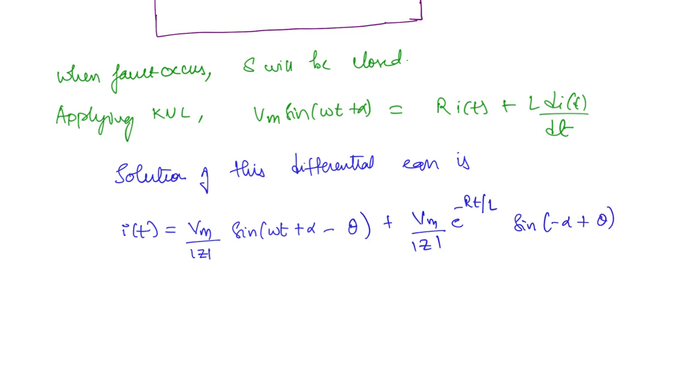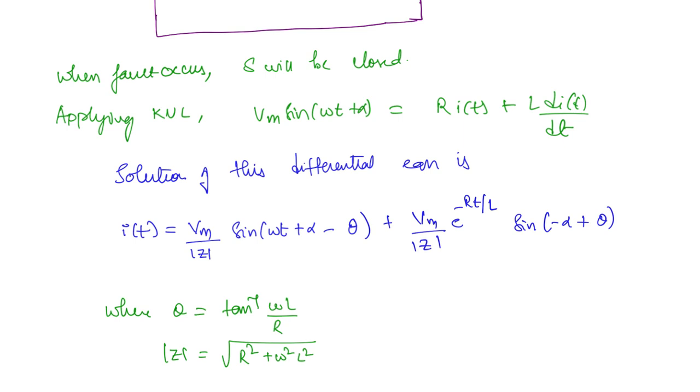Here theta is equal to tan inverse of omega L by R. And what is Z? This is the impedance, so it is equal to root over R square plus omega square L square, the magnitude of the impedance.